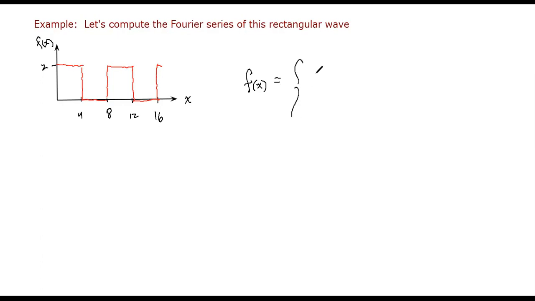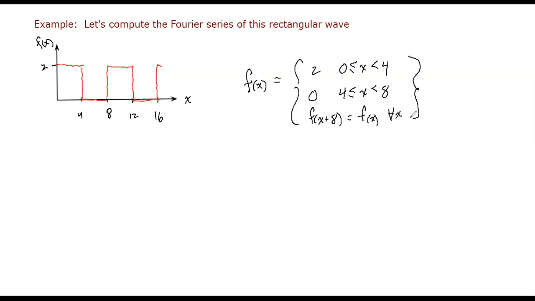It's 2 when x is in between 0 and 4, and some of the subtleties of these limits will matter. And when it's in between 4 and 8, it's 0. And it's periodic with period 8. So any point at 8 to it, you should get the point itself. So that's the piecewise representation of this function.